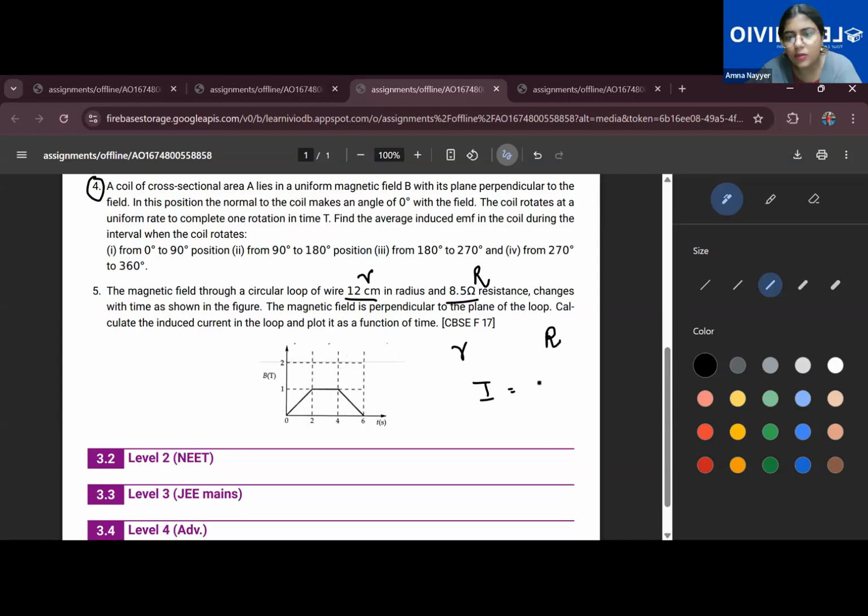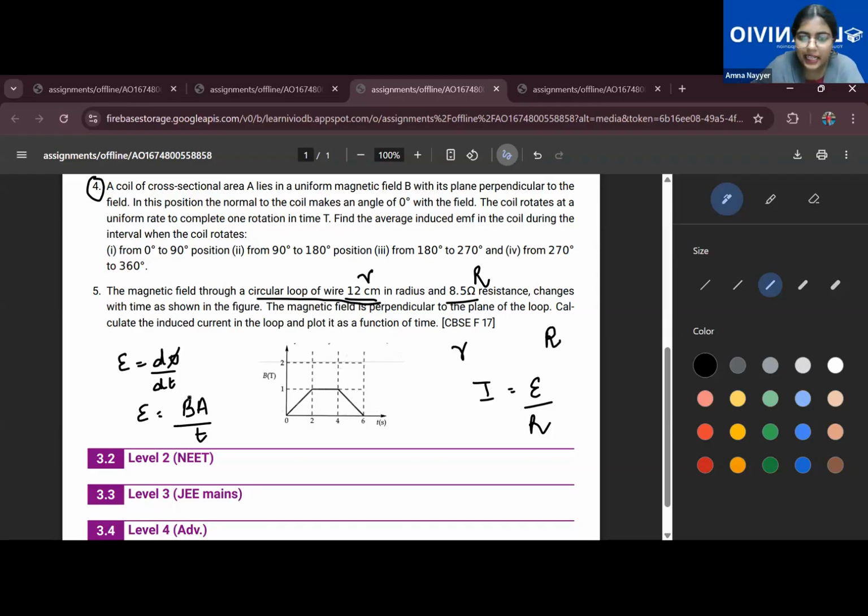Because current is equal to EMF divided by the resistance, right? And what is the EMF equal to? When you have the circular loop, it is changing and magnetic field is perpendicular to the plane of the loop. So see, E is equal to d phi over dt. Flux is magnetic field into area, that is dB over dt times A. This is the magnetic field, this is the area, this is the time.